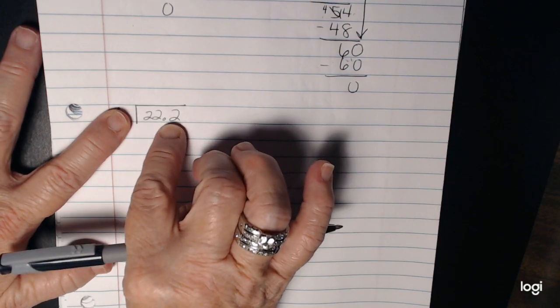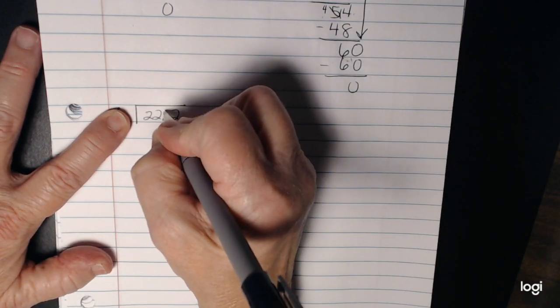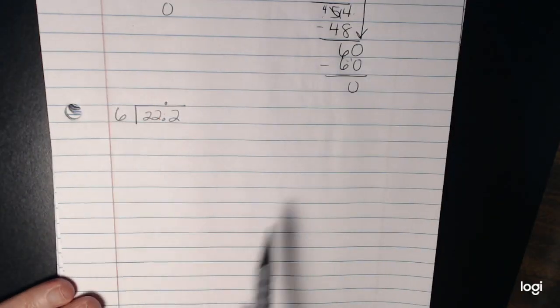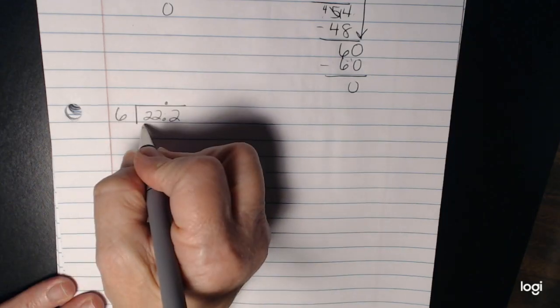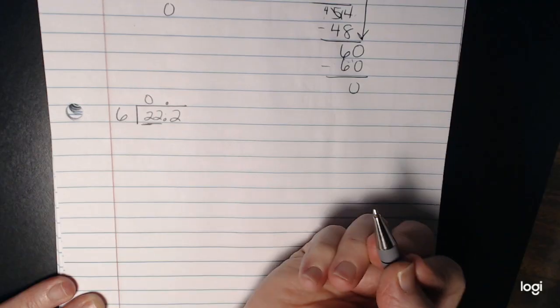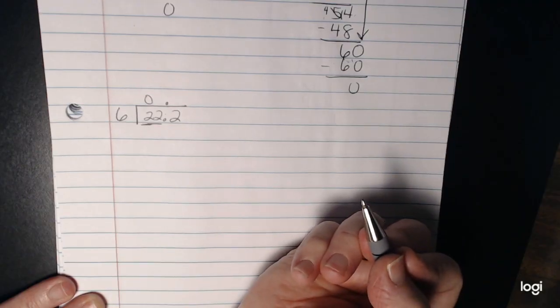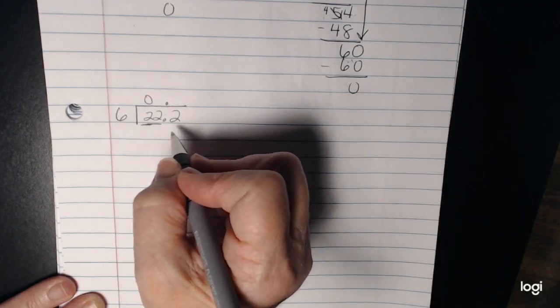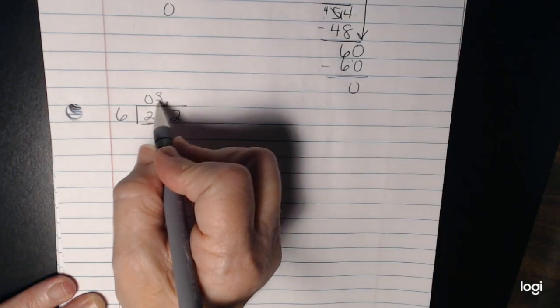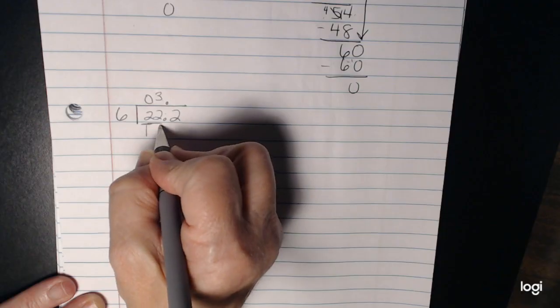So that means we look here and there's one, but all we have to do is carry it straight up. And then we divide like normal. 6, nope, cannot go into 2. 6 into 22. I think 6 goes into 22 3 times. 6 times 3 is 18.